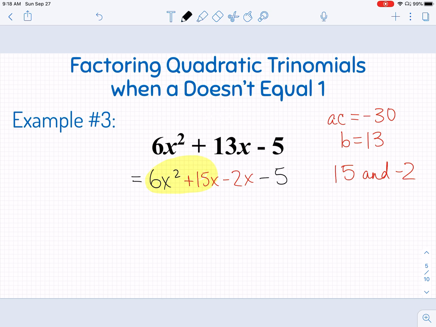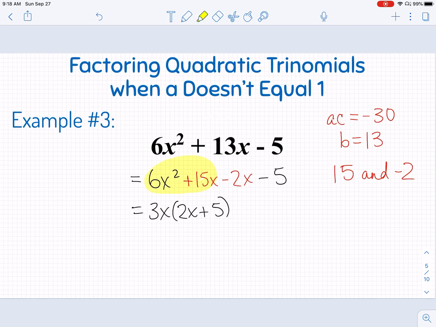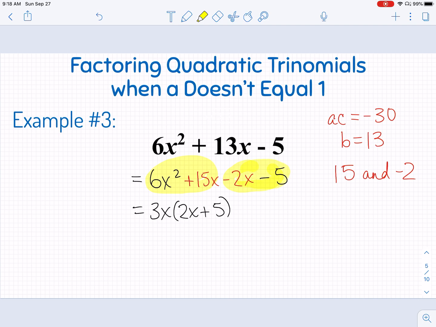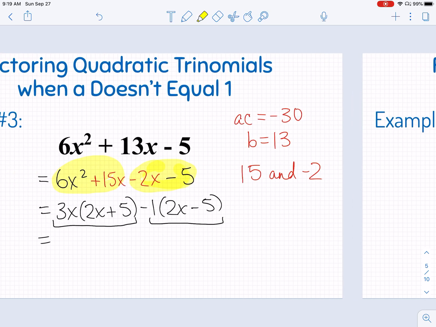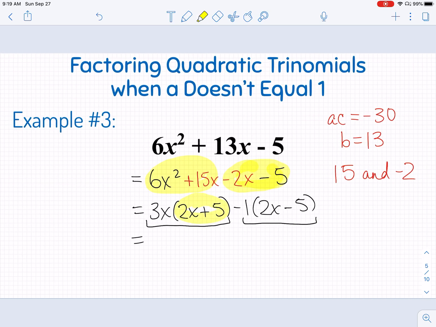So if you look at the first two terms, the GCF is 3x. And if you look at the second two terms, the GCF is just negative 1. So on this line, I asked myself, what is the GCF between my first term and my second term? So the GCF here is 2x. Oops. And if I look, I can find my error.